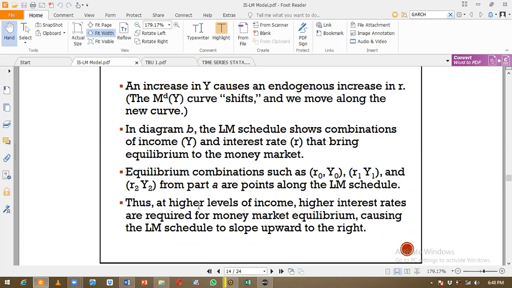We need a higher interest rate to restore the money market back into equilibrium. That is the reason why the LM curve is upward sloping. It moves from left to right upwards, which means that whenever there's an increase in income, there's a corresponding increase in the level of interest rate.